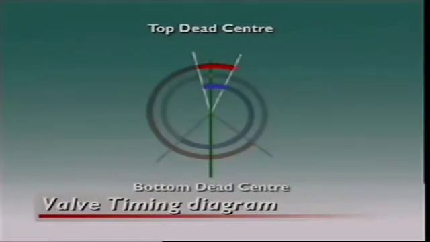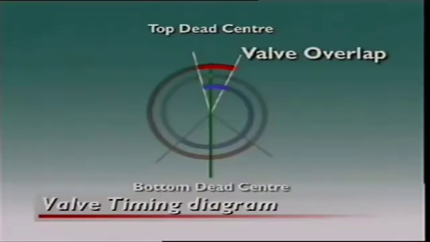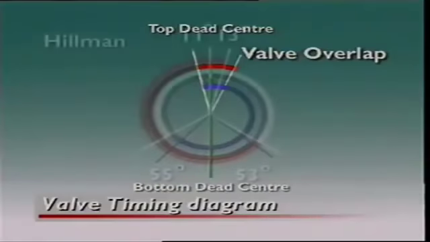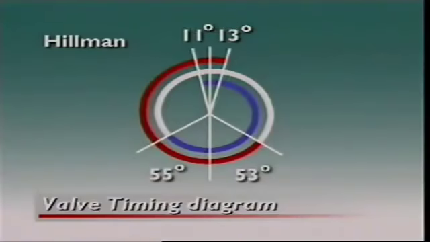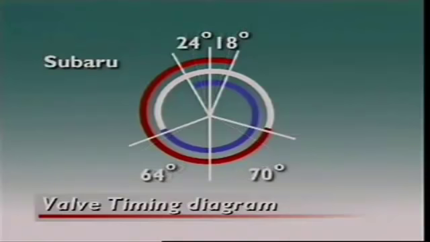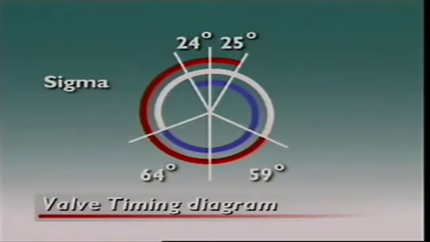On the exhaust stroke, the intake and exhaust valve are open at the same time for a few degrees around top dead center. This is called valve overlap. On this engine, it is 33 degrees. Different engines use different timings. Manufacturer specifications contain the exact information.